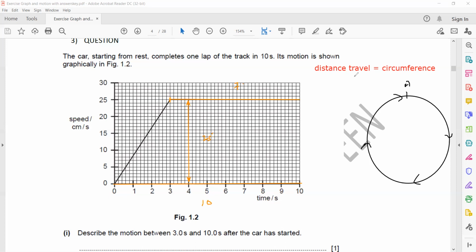So the distance traveled is actually the area under the graph, and the area of the trapezium is the sum of the parallel sides divided by 2 multiplied by height. One parallel side is 7, the second parallel side is 10, so 7 plus 10, 17, divided by 2 and multiplied by the height, or difference between the parallel sides, which is 25.